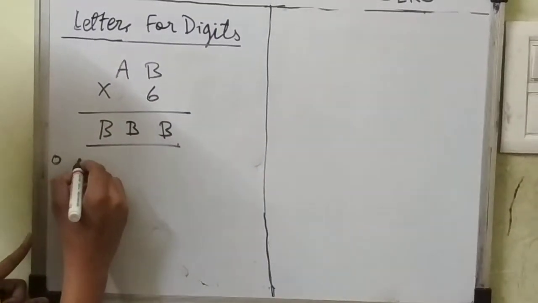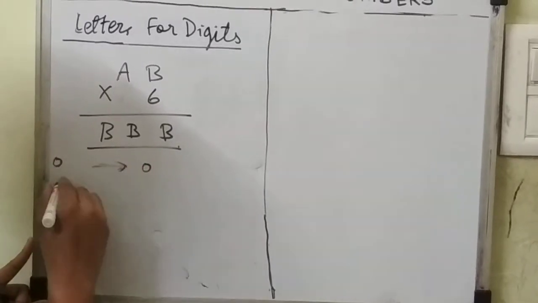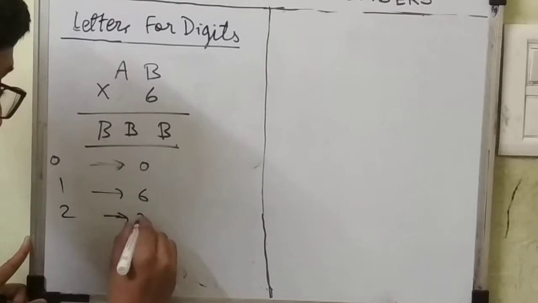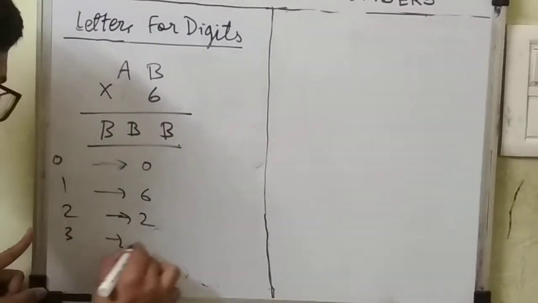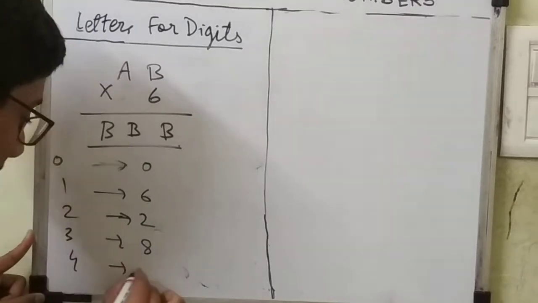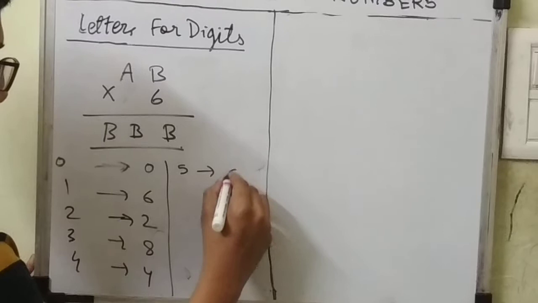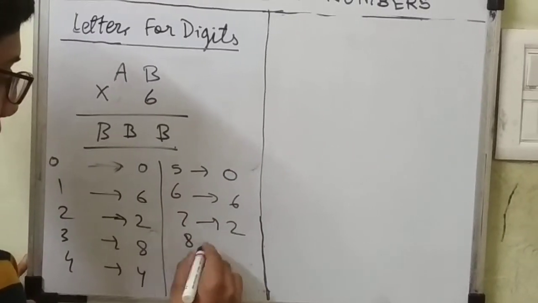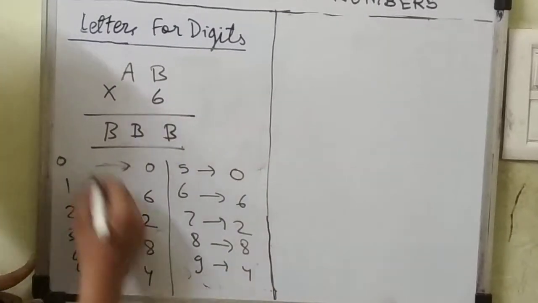So now 0 gives you what? 0, 1 times 6 is 6, 2 times 6 is 12, 3 times 6 is 18, 4 times 6 is 24, 5 times 6 is 30, 6 times 6 is 36, 7 times 6 is 42, 8 times 6 is 48, 9 times 6 is 54, and again back.